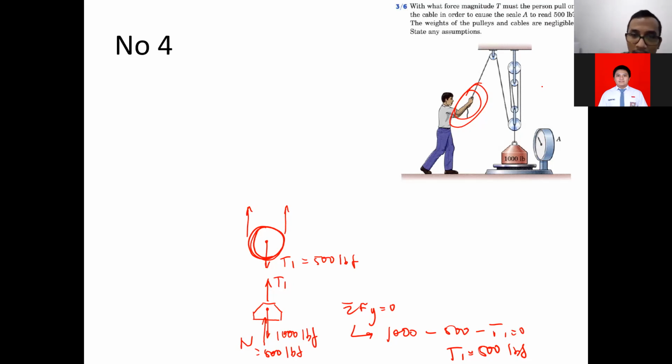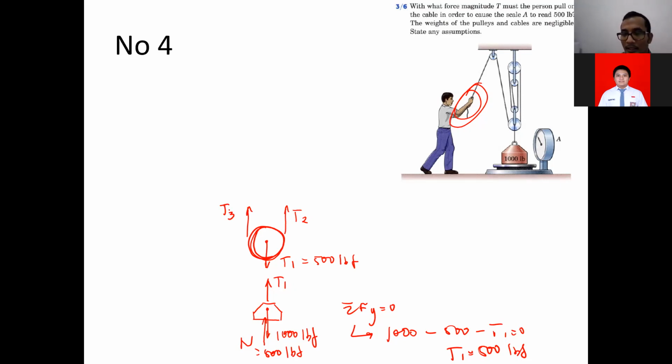Okay, then what else? There's another smaller pulley attached to it. Does that count? Yes, of course, you're supposed to count that as well. So this one I name as T2. Then this one I will name as T3.